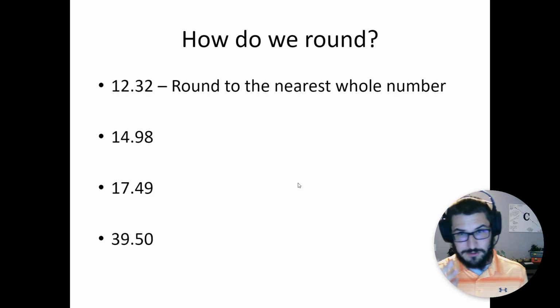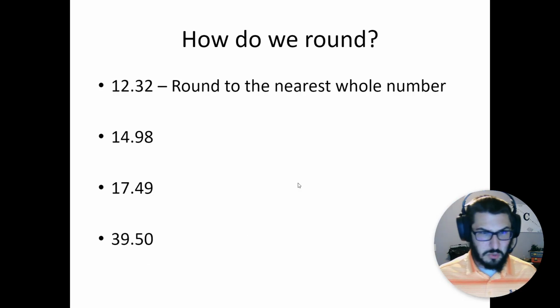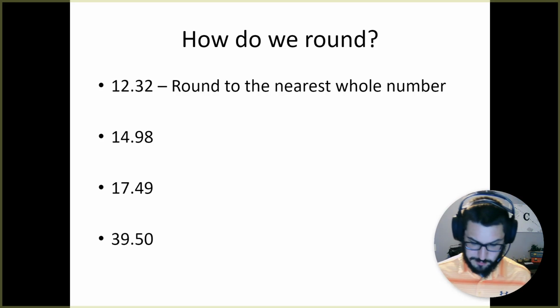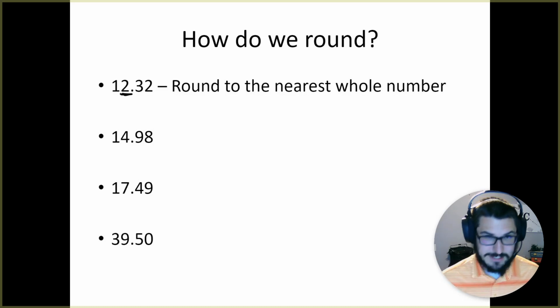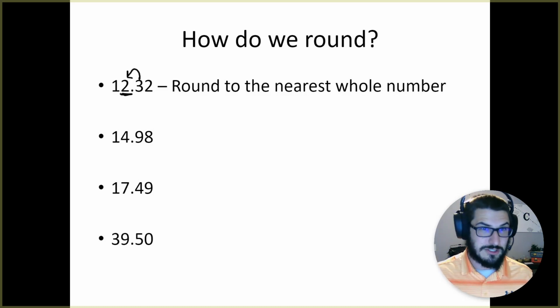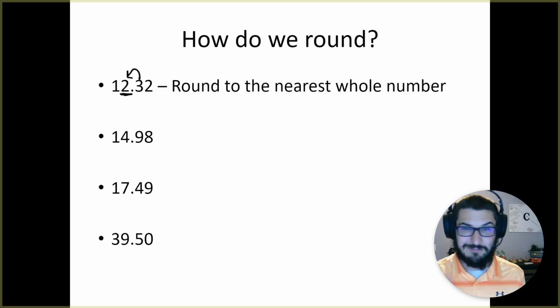So how do we round? First, we're going to round all 4 of these to whole numbers. This 12.32, the whole number, means that we're looking at the ones place, and the 3 is going to round that. I say round down. I've had plenty of students who say keep it the same.